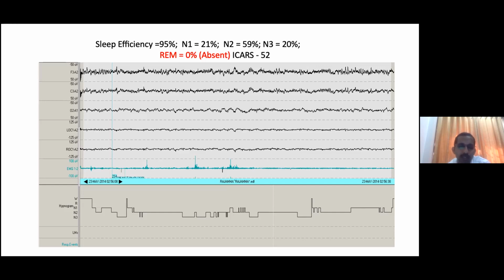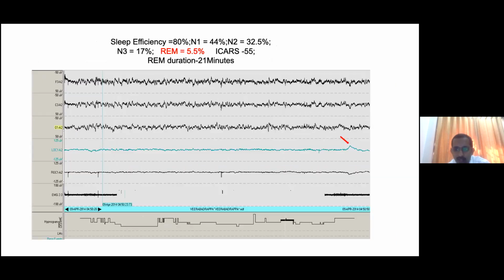If you are able to score a definite REM stage, you continue to score REM until the appearance of another stage, like sleep spindles or K complexes. These patients are sometimes not able to generate sleep spindles either. It will be very difficult. He may have a few sleep spindles, so this entire epoch by default goes into the N2 stage.